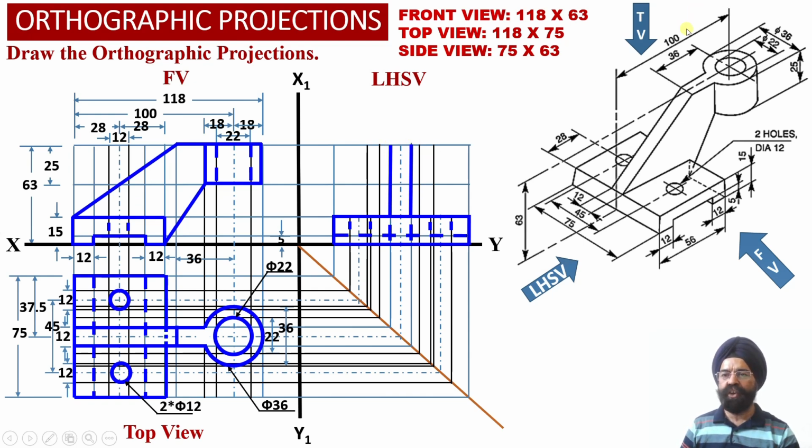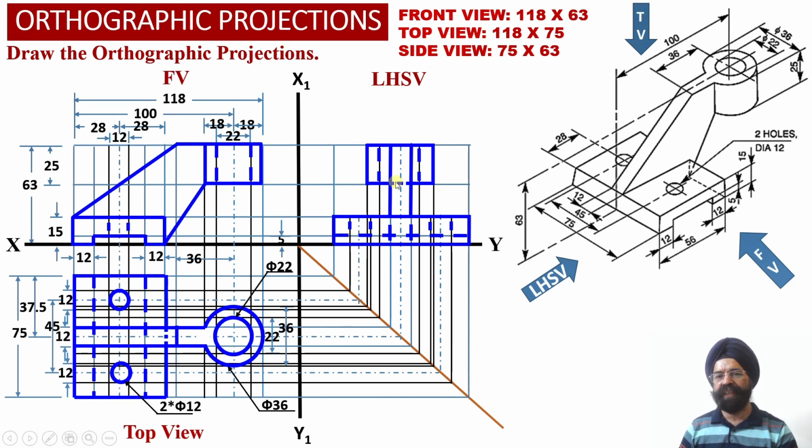Then corresponding to these two circular portions having diameter 36 millimeter and diameter 22 millimeter: the outermost portion of the cylinder will be visible to the observer, but this portion of the cylinder, we can check, will be covered by this web and will not be visible to the observer.